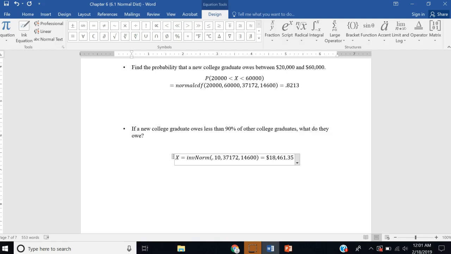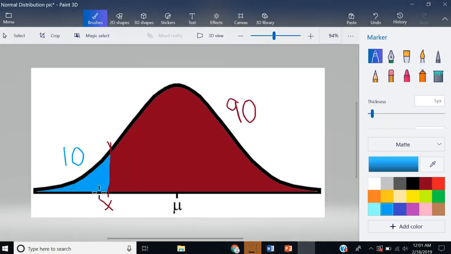Now, one thing I want to mention here, again, because we're going to wrap this thing up, is this. When we're doing these inverse norm problems, it's kind of hard to just read them and decide what kind of area we're given.